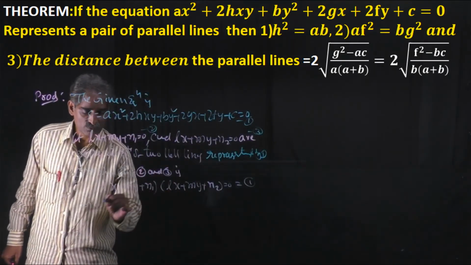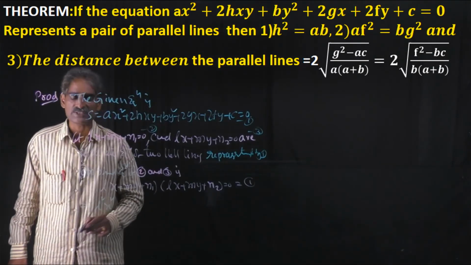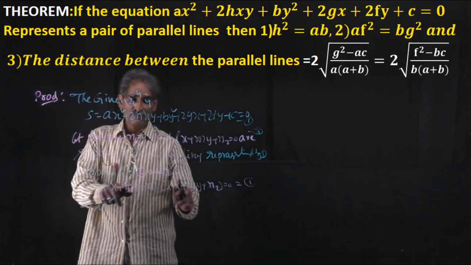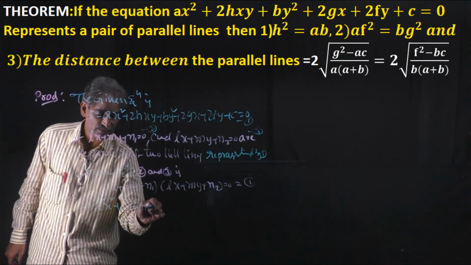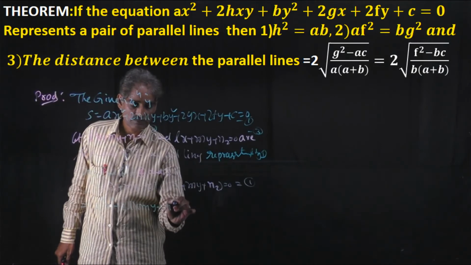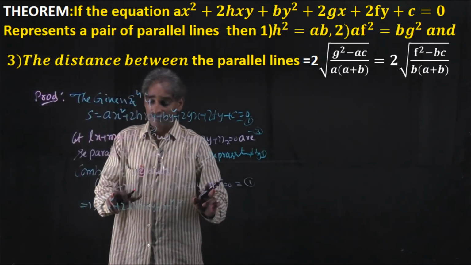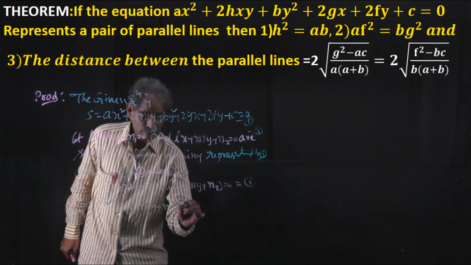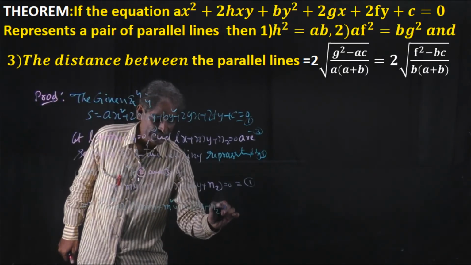The x square coefficient is L square, that means L square x square. What about the xy coefficient? Lxmy plus Lxmy, that means 2Lmxy, plus the y square coefficient, m square y square. Now what about the x coefficient? Ln2 plus Ln1, that means L into n1 plus n2 into x.